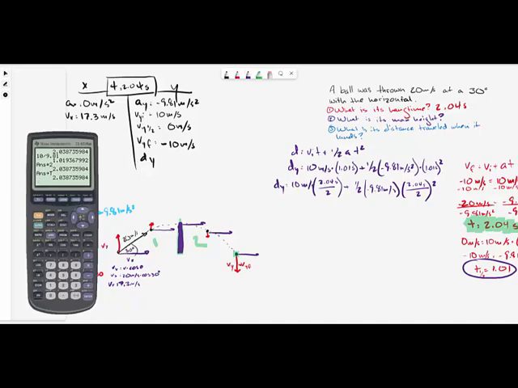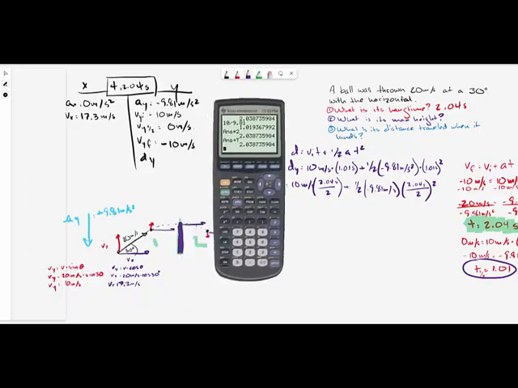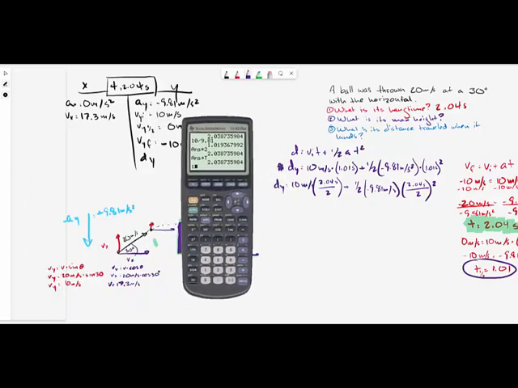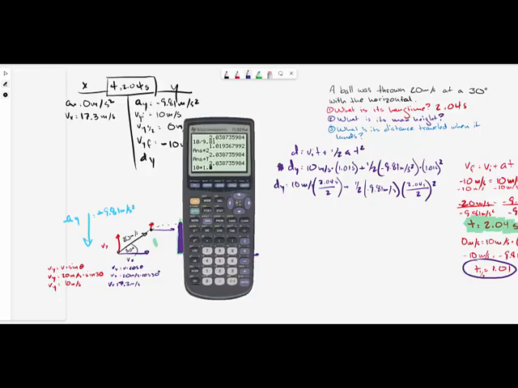Now, if you punch this into your calculator, I'm going to use this first equation because we've already found half time. 10 times 1.01 plus 0.5 times negative 9.81 times 1.01 squared.